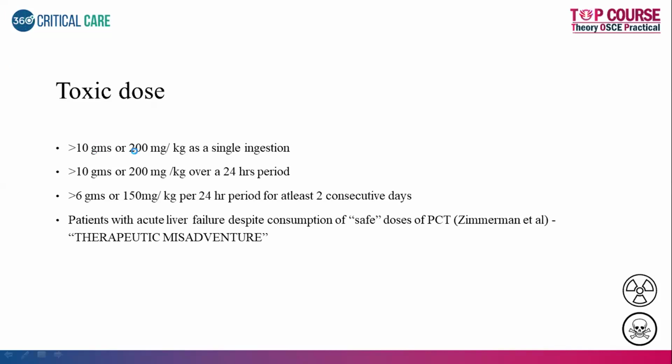Second, more than 10 grams or the same 200 mg per kg over a 24-hour period as a staggered dose. Third, more than 6 grams or 150 mg per kg per 24-hour period for at least 2 consecutive days. All these cause paracetamol toxicity symptoms.